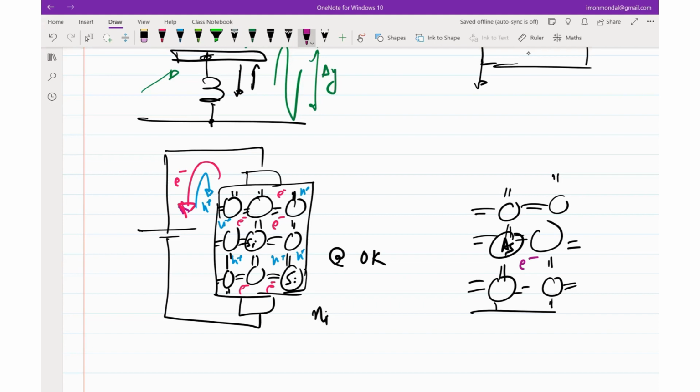And as it turns out, again, not a part of this course, the amount of energy that is required to generate an electron-hole pair in pure silicon, and the amount of energy that you require to free this extra electron in arsenic-doped silicon, is quite different. In pure silicon, the amount of energy you require is approximately 1.1 electron volt.